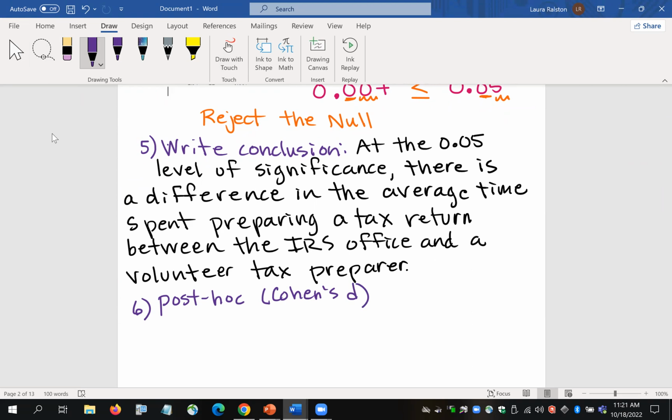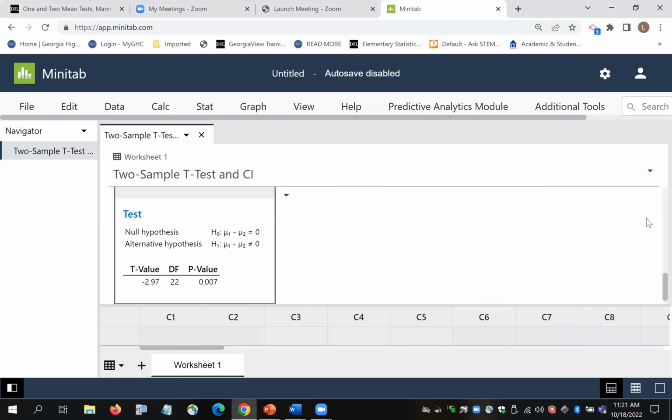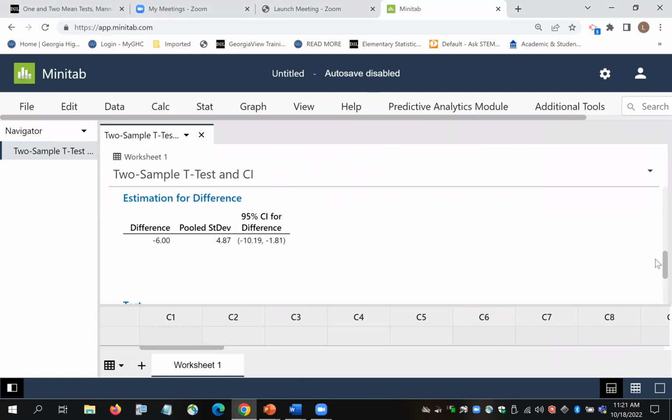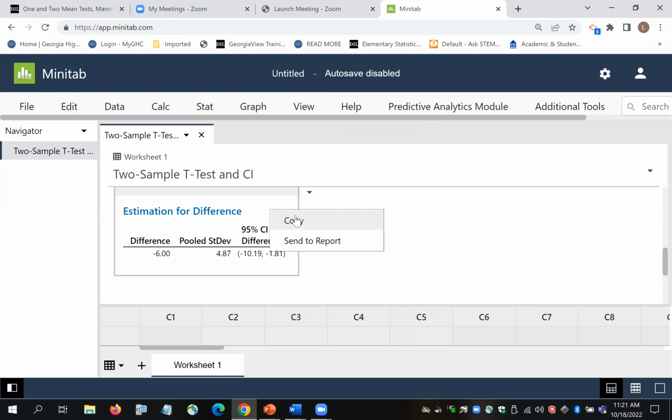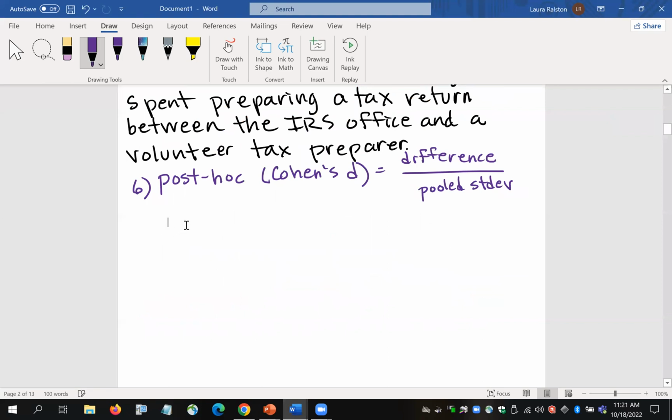Okay, so remember, Cohen's d is the difference divided by the pooled standard deviation. And we get that information from Minitab. It's already calculated for us. It's in the results under estimation for difference. So I'm going to pull that over here.